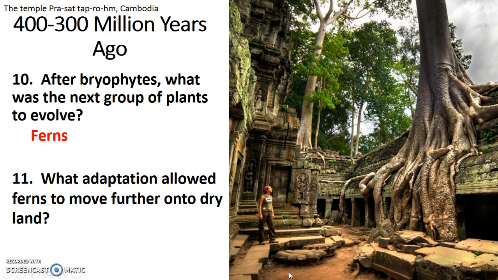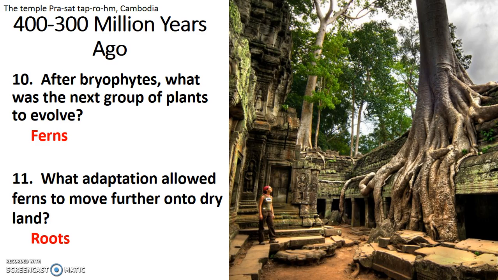And when you get tiny little particles of rock, over millions of years of stuff dying in it, eventually that makes soil. And roots are what allowed ferns to go farther than mosses onto drier and drier land, because soil holds on to water a whole lot better than bare rock does.